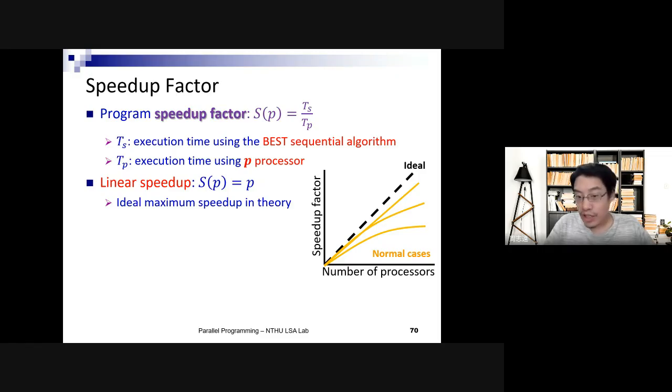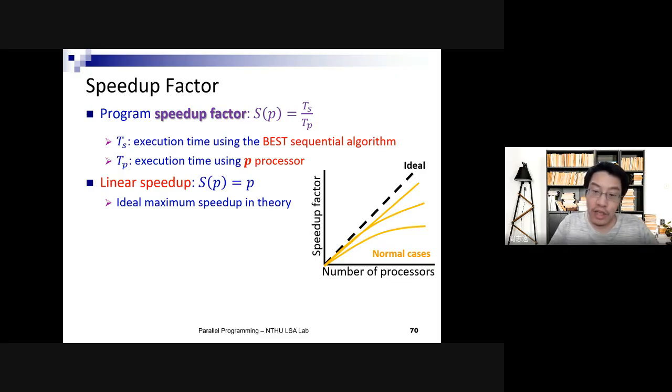At some point, it might become a flat line, and even worse, it could go down. So that is what we normally see. For all those results, what you expect is that the real measurements are lower than the ideal linear line.